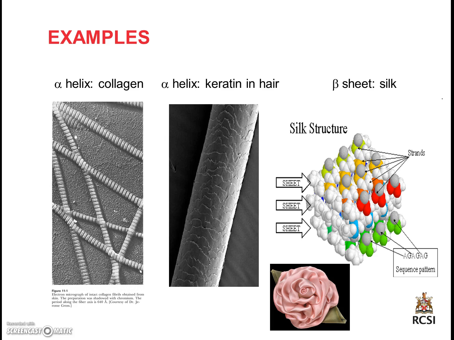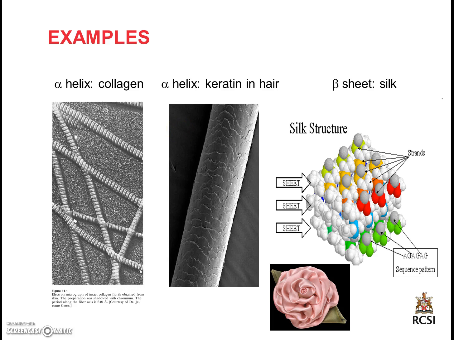We see here then on slide 24 some examples of proteins, and all will be revealed with regards to the structure and what is meant by an alpha helix and a beta sheet.